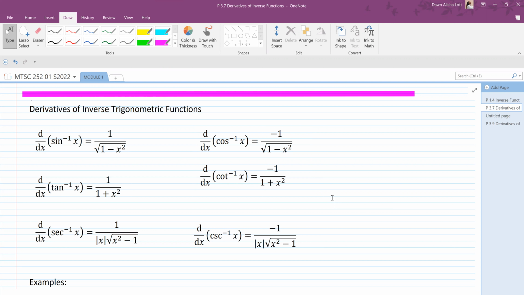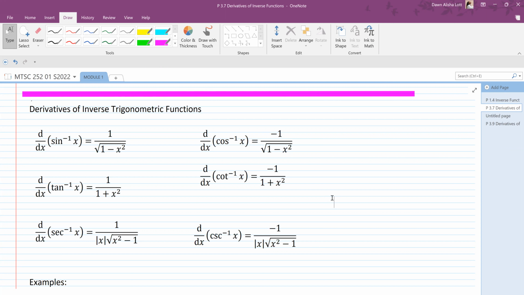So if you want to take the derivative of the sine function, you just get cosine. But if I want to take the derivative of the sine inverse function, that's a little bit different. That is 1 divided by the square root of 1 minus x squared. The derivative of the tangent inverse function is 1 over 1 plus x squared, nice and easy.